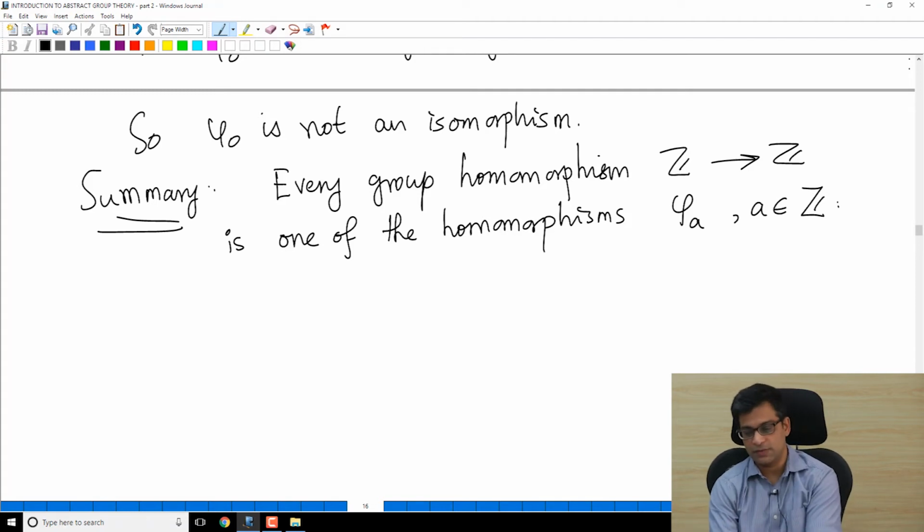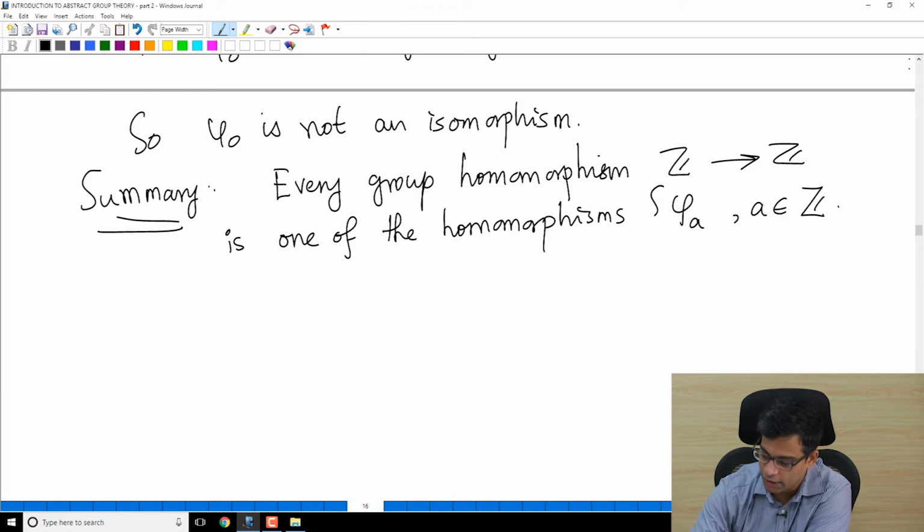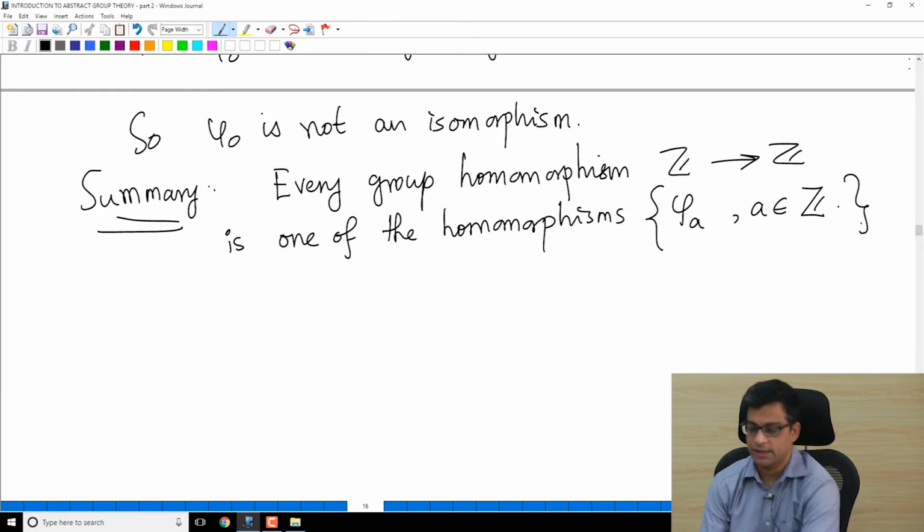Determine all group homomorphisms from Z to Z. They are of the form phi A as A varies in Z. These are all the homomorphisms. So phi A as A belongs to Z is the set of all homomorphisms.